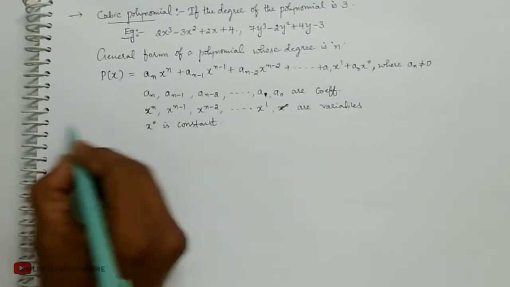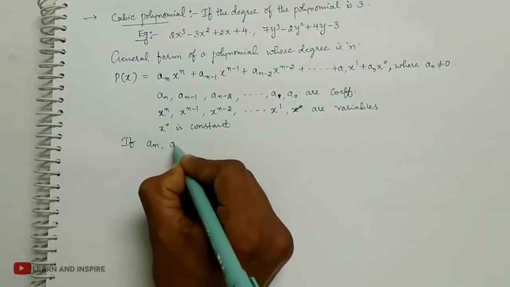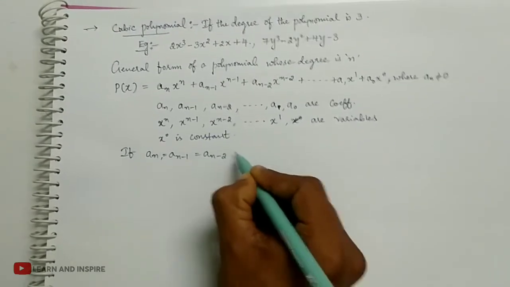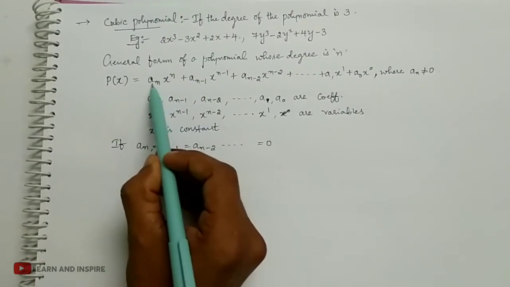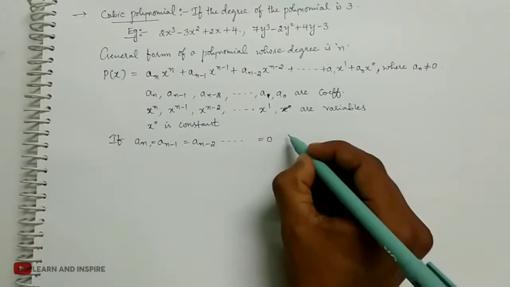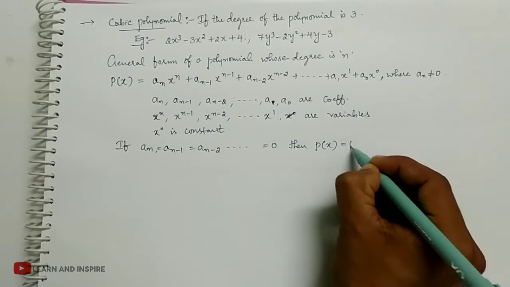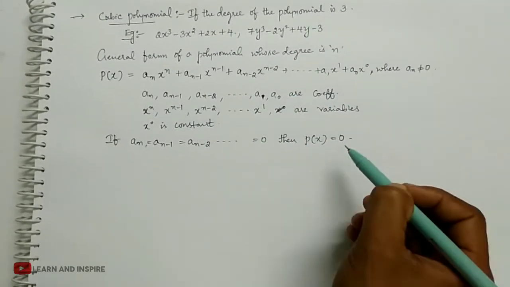Okay, now if an equals an minus 1 equals an minus 2, so on, equals 0, that means all the coefficients are equal to 0, then p of x will be equal to 0. That means the total polynomial of the variable x will be equal to 0.